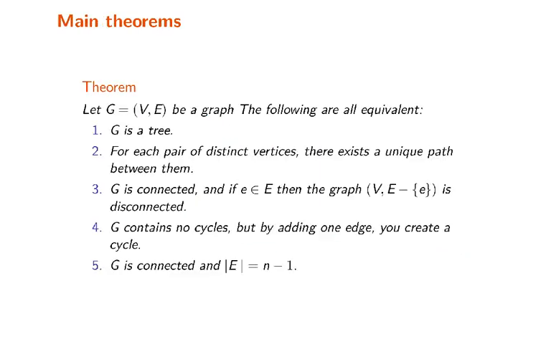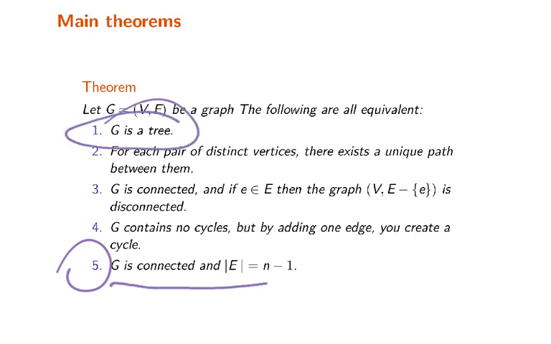And finally, the last of the properties here: G is a tree if and only if G is connected and the number of edges is n-1. So this is a very important property for graphs. Sorry, I think that I should have said here somewhere that the number of vertices of the original graph is n.